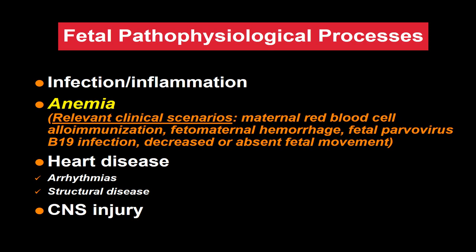Fetal anemia may be suspected in the presence of abnormal heart rate patterns when patients have maternal red blood cell alloimmunization, in the setting of fetal-maternal hemorrhage, fetal parvovirus B19 infection, and in some cases of decreased or absent fetal movement.